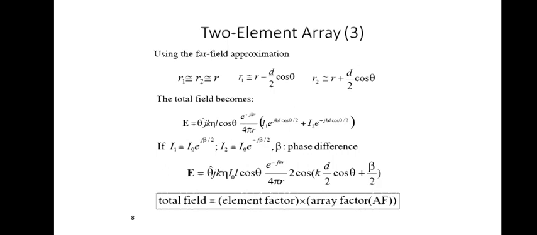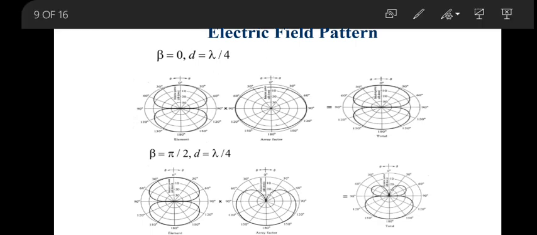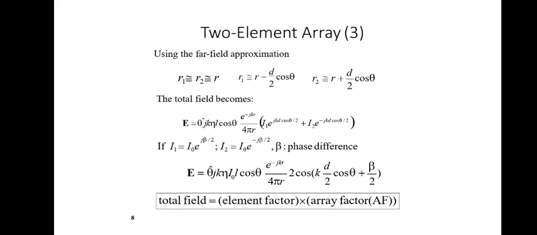Now we come to the field patterns. If we take from the above equation beta equal to 0 and d equal to lambda by 4, what happened? Just observe that beta equal to 0 and d equal to lambda by 4.